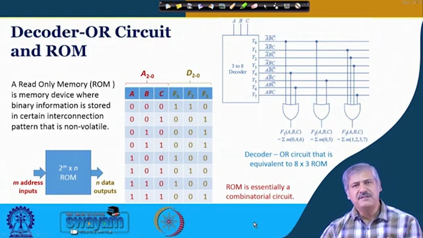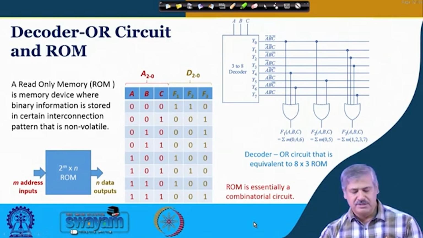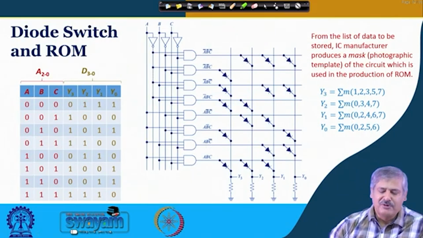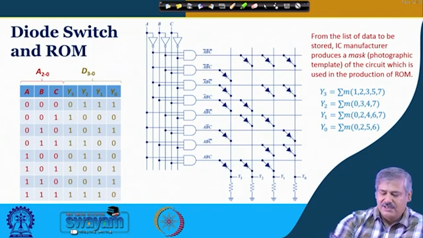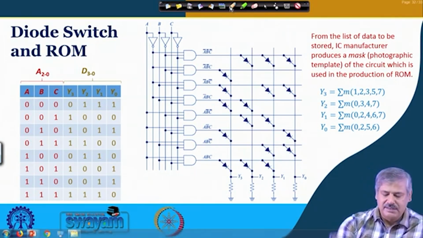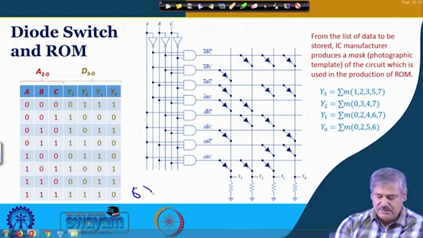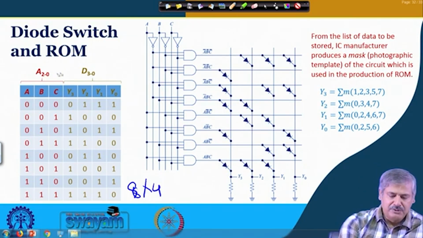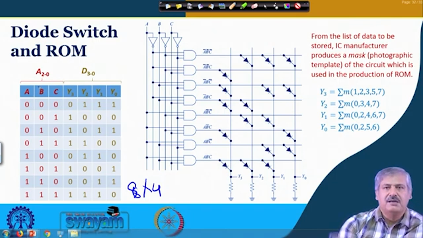So ROM is essentially a combinatorial circuit, that is what we have noted. Now let us move forward. We look at another such thing where this is an 8 cross 4 ROM that we are interested in. Okay. So A2, A1, A0 are my address bits.